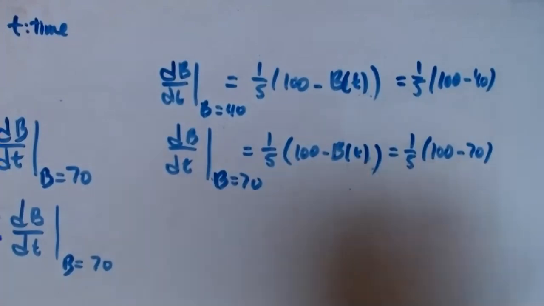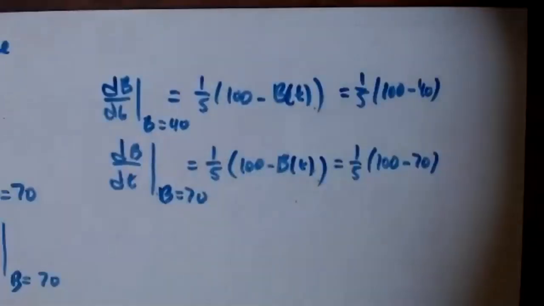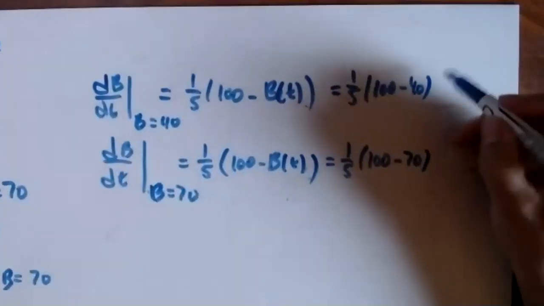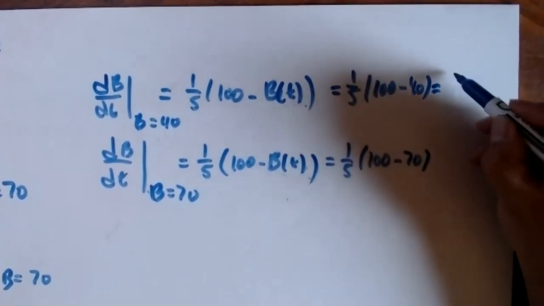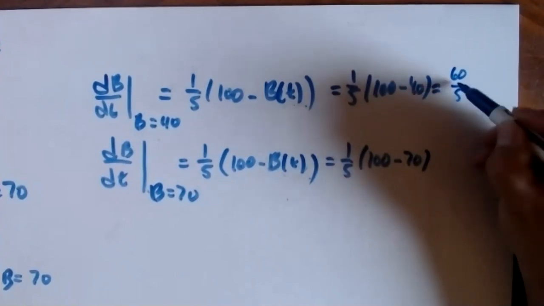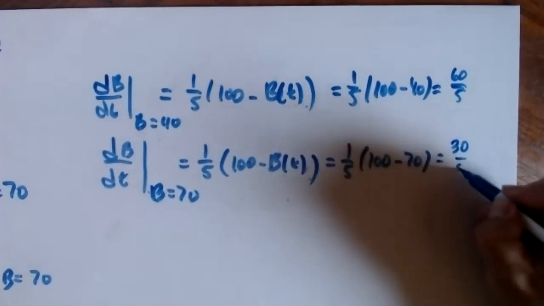Now, which one is faster? 100 minus 40 is 60, so this is 60 over 5. And this is 30 over 5.